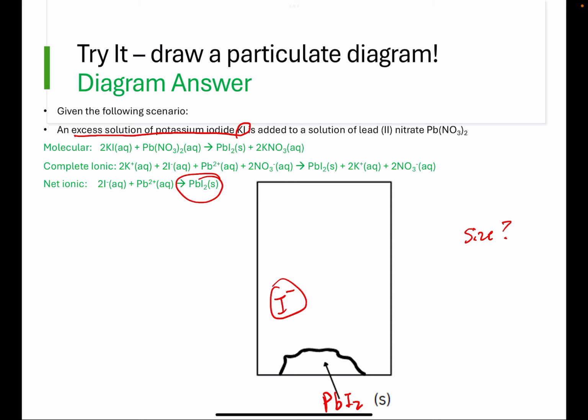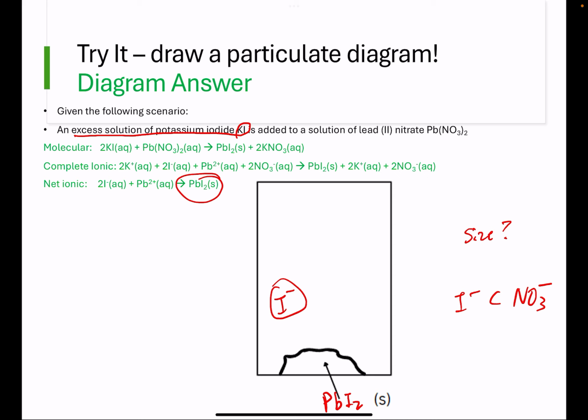Also, if something has more than one atom, it's going to be bigger than something with only one atom. For example, I should be smaller than our NO3, our nitrate, because you have 3 oxygen versus 1 iodine in this case. But it's not always absolute, so when we look at our periodic trends, we'll look at atomic radius.